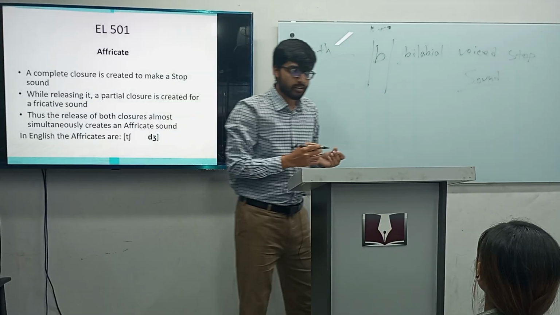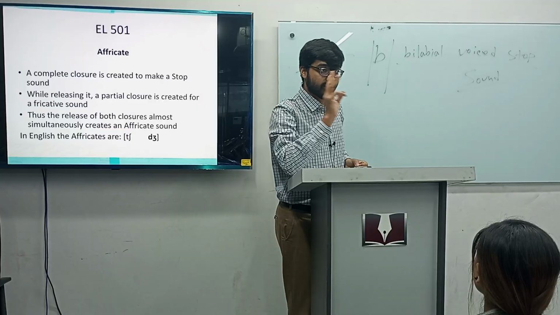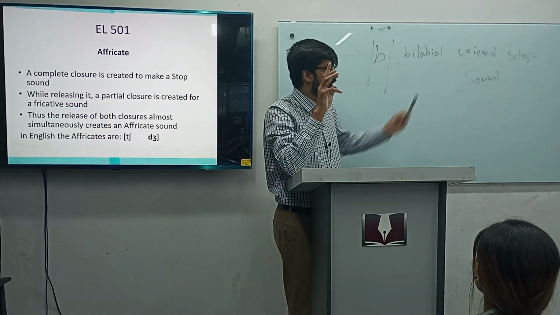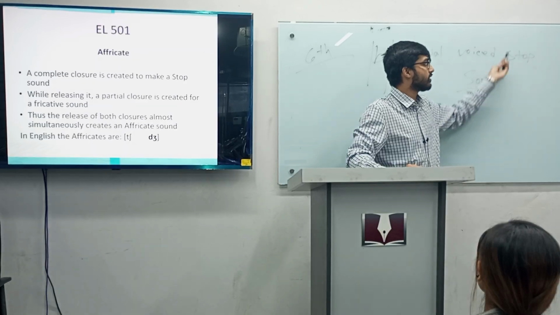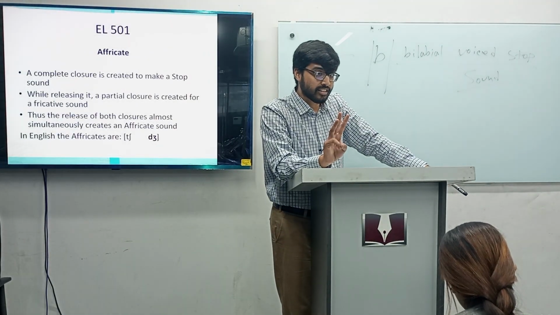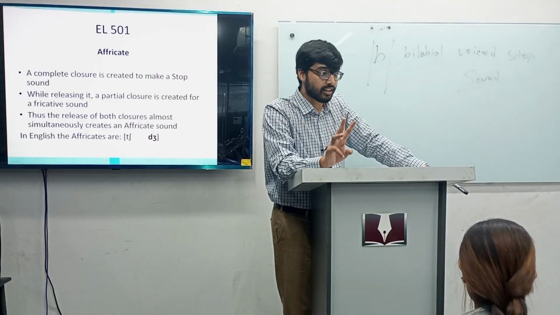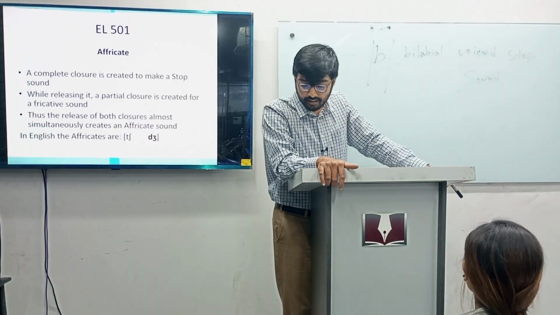Isn't it? Is it correct? Understood? We have to write three things: place of articulation, manner of articulation, state of glottis. We have to mention three things to describe one sound, for the midterms at least.